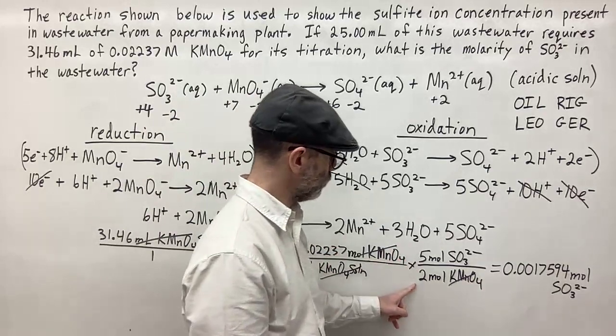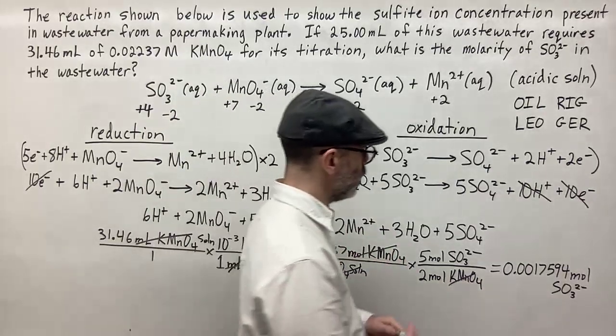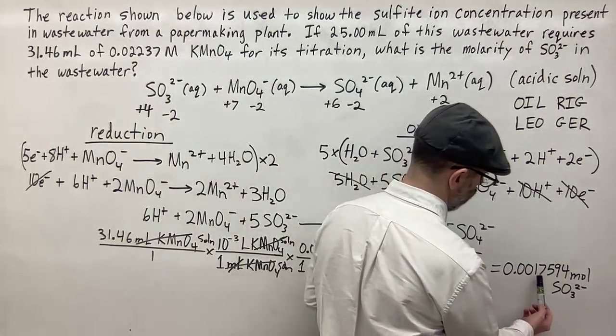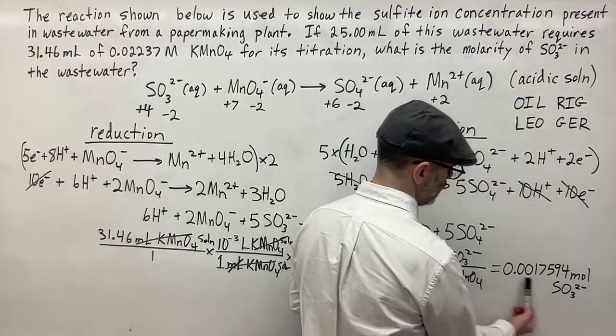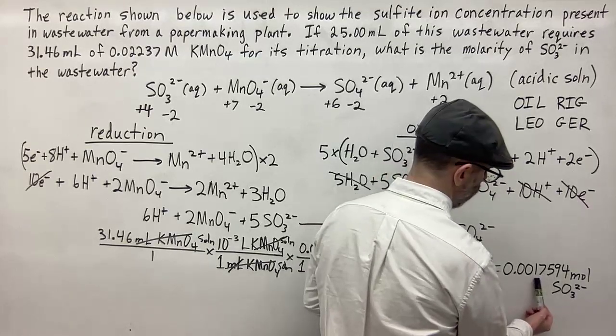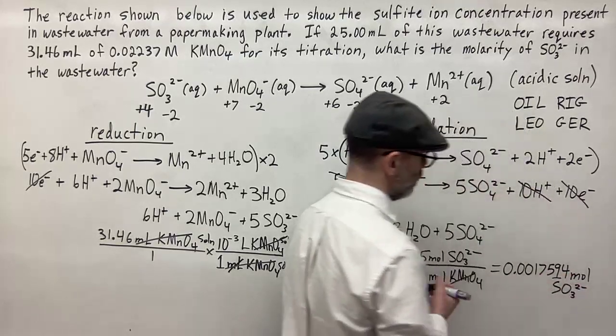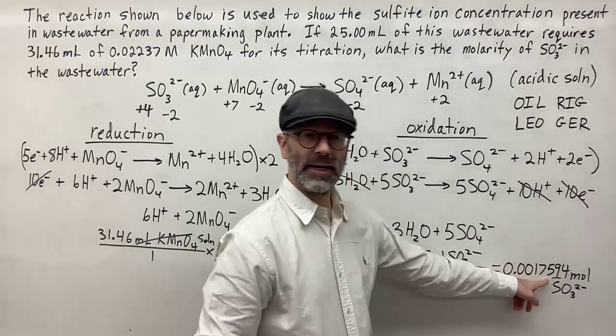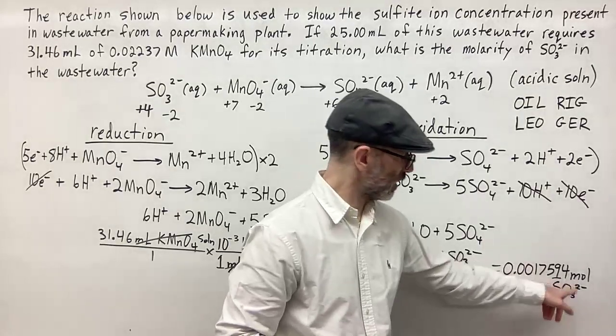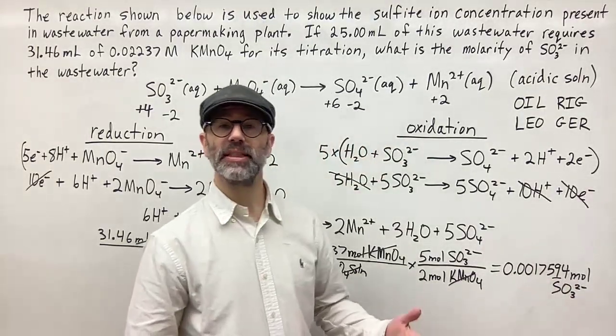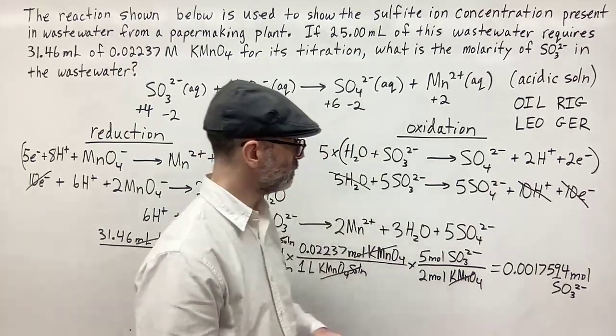This is exact. We can ignore that. So the least number is 4. So we should have 4 sig figs. So ignoring these zeros, these are not significant. We have 1, 2, 3, 4. So I'm going to underline the 9. So the 9 is our last significant digit, but I'm going to keep an extra one just to be safe. I don't want to have a rounding error.